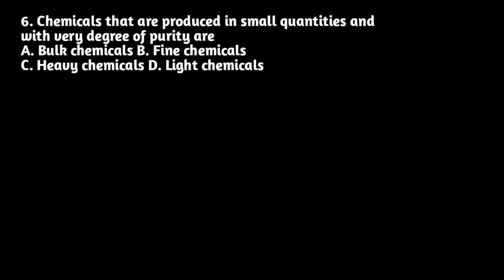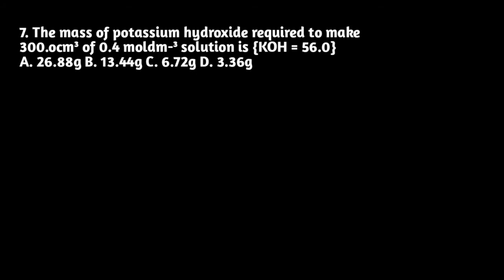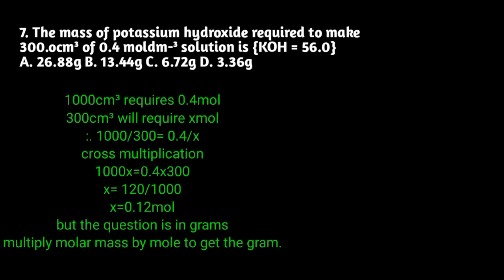Question number 7. I need you to note that this question has something to do with having ideas of what we mean by mass concentration, molar concentration, and the relationship between these two. It means that if we are to prepare 1000 cm³ of 0.4 molar solution, we are going to need 0.4 mole. So 1000 cm³ will require 0.4 moles.